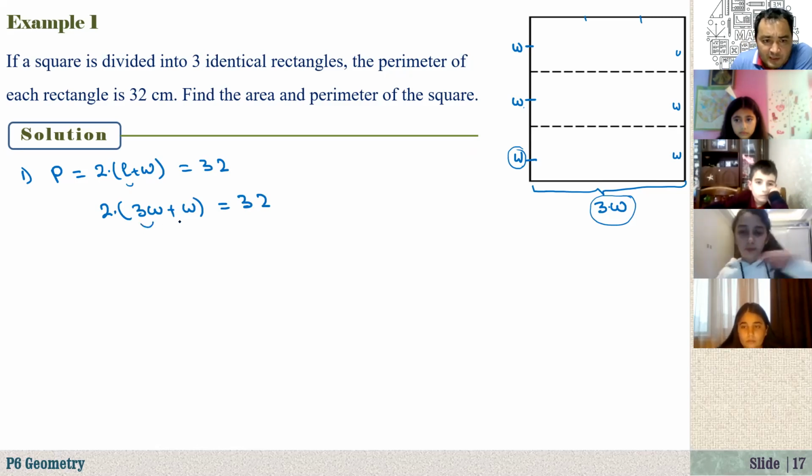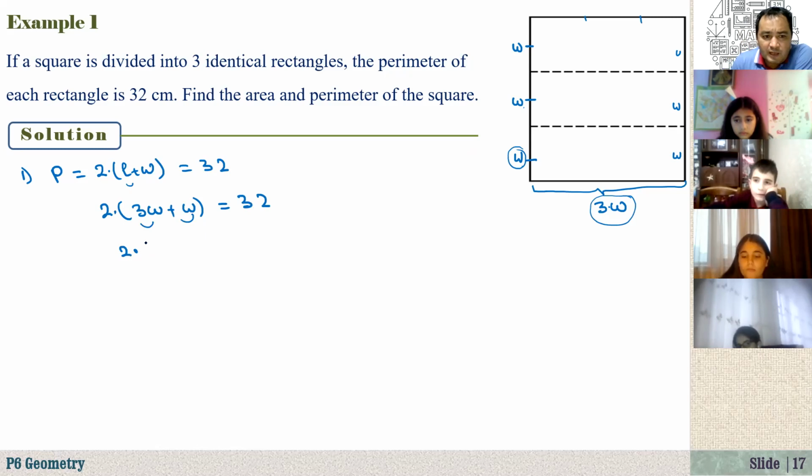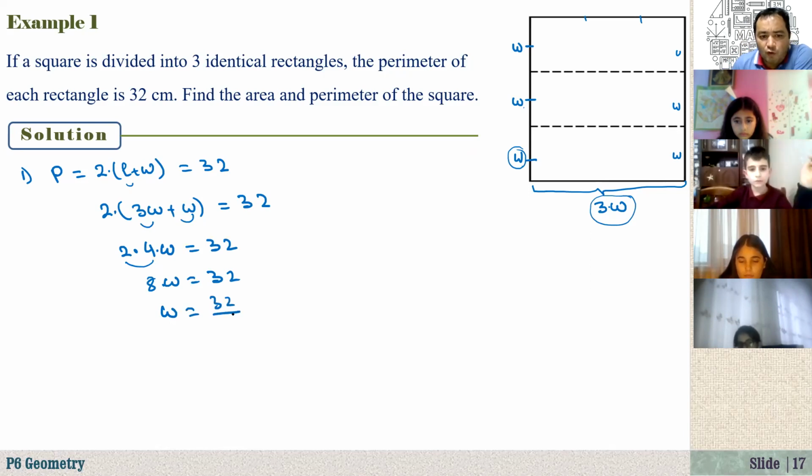Now 3W plus 1W, how many W's? 4W. So 2 times 4 times W equals 32. 2 times 4 is 8. 8W is equal to 32. What is W? 32 over 8, that's equal to 4.